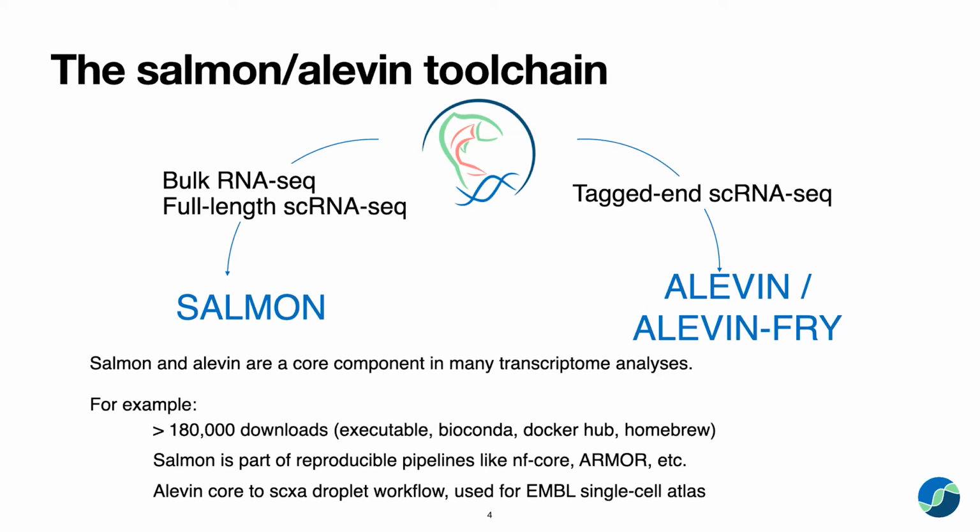The bulk RNA-seq tools, the original approach, is called Salmon, and the tagged single-cell RNA-seq protocol processing tools are called alevin and alevin-fry. And these components have been adopted in a lot of pipelines, downloaded 180,000 times via various distribution mechanisms.